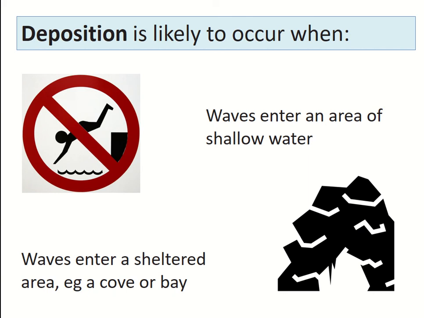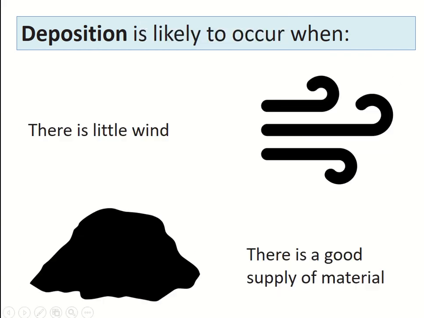So if we are in an area that is protected and shielded from the wind, the wave will lose energy. If it loses energy, it might have to drop whatever it's carrying, because it can only carry large pieces of pebbles if it's got that momentum behind it. If the wind is being blocked off by a cove or a bay, then quite frankly, it won't be able to continue with that, and therefore it drops it, and deposition eventually occurs.